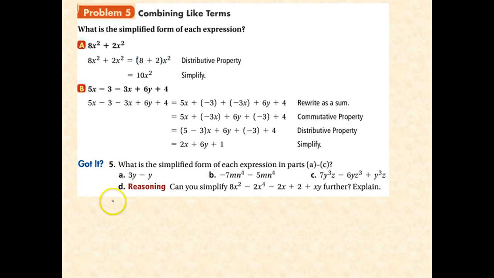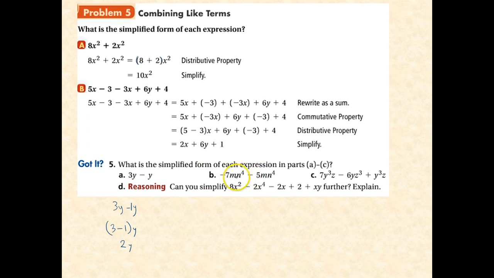Alright, so for A, 3y minus y. So the multiplicative negative 1 property says that this can be negative 1y. The distributive property says 3 minus 1 times y, and then 3 minus 1 is 2, so that's 2y.